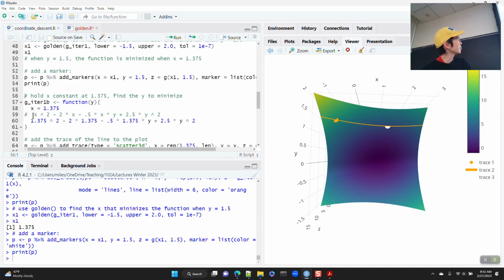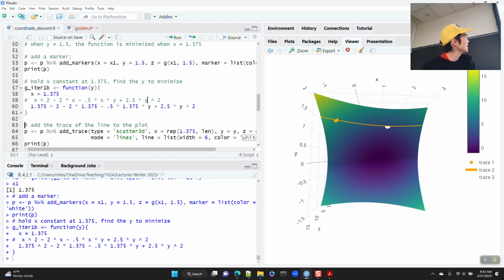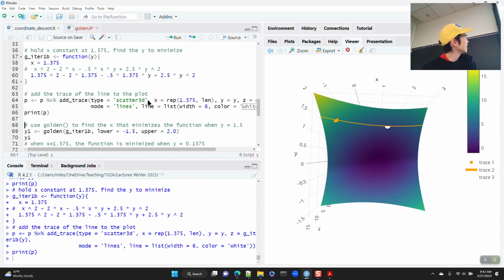I'm going to replace all of my x's with 1.375. So I get 1.375 squared minus 2 times 1.375 minus 0.5 times 1.375 times y plus 2.5 y squared. So now I have a function just of y. That's going to be my function g at iteration 1b.